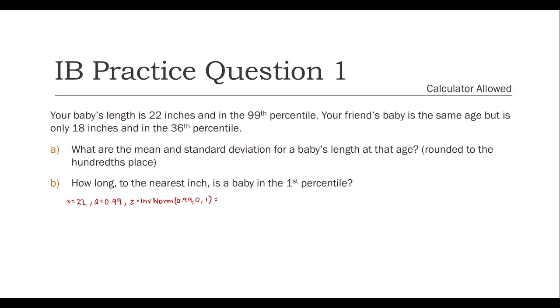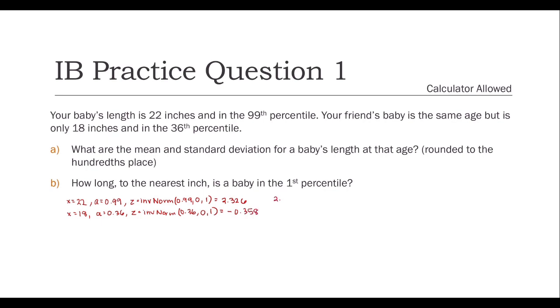So that equals 2.326. The other baby is 18 inches, so x equals 18. It's the 36th percentile, so area equals 0.36. And our z-score is the inverse normal, where the area is 0.36, mean is 0, and standard deviation is 1. So that is negative 0.358.